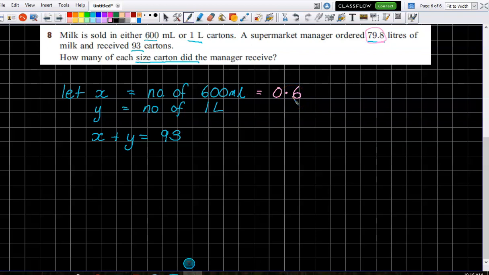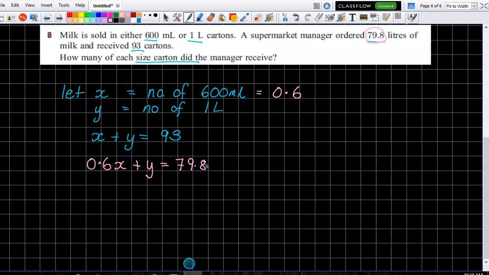So are we happy that the next line, who wants to have a go at what the next statement would be? 0.6 times the number of those cartons plus 1 Y, and that's where sometimes that's hardest for us. Like if it was 2 litres, it would make sense to us, but it's 1 times Y, so we just write Y equals 79.8.